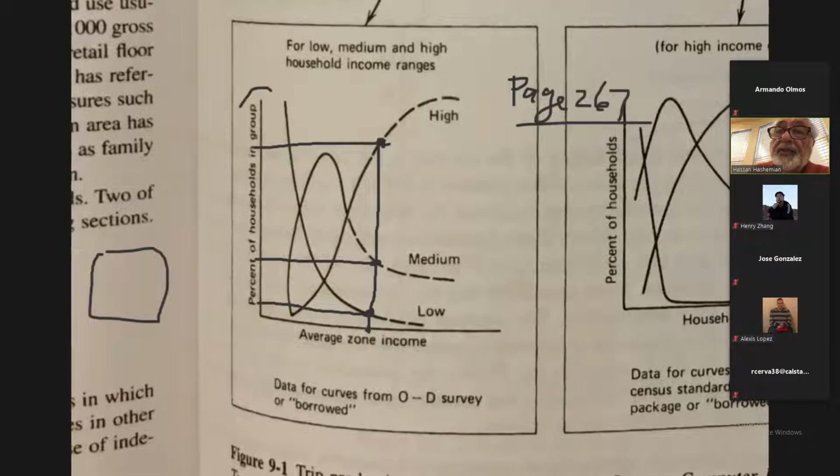So we get the percentage of households in each group. It could be, let's say, 20% low income, 40% medium, and maybe 40% high. Total should be 100%. Okay, so this graph shows you the percent of households in each group. Any question on that?